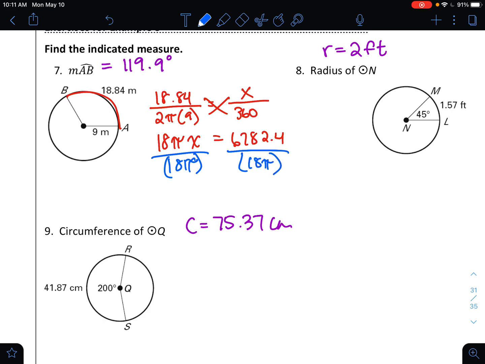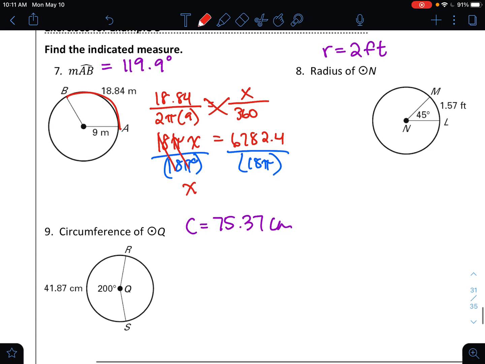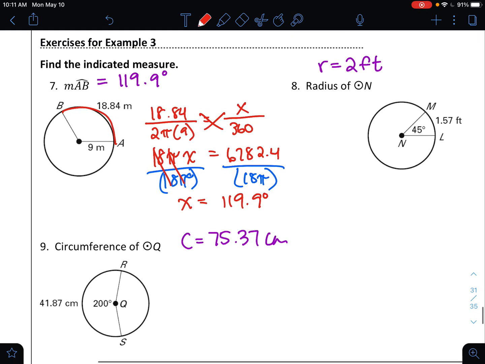When I do it on my calculator, I'm going to leave it in parentheses just like I wrote out here. So 18 divided by 18 is 1, pi divided by pi. So I'm going to take the 6,782.4 divided by parenthesis, 18 pi, close parenthesis, and I get about 119.9. Okay, so check that last step. If you've got everything I have but still missed it, check that last step with parentheses.